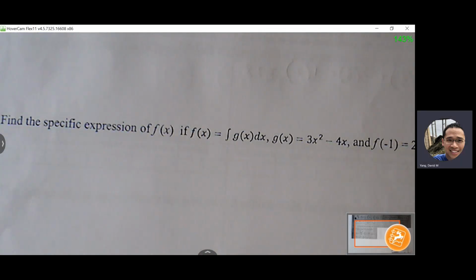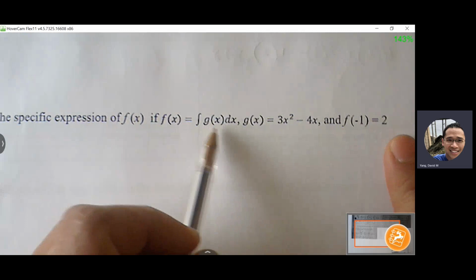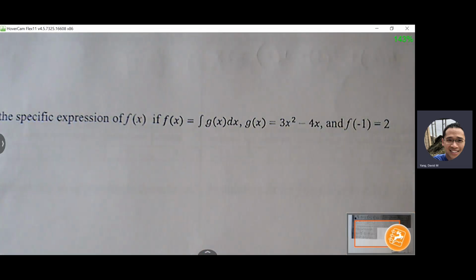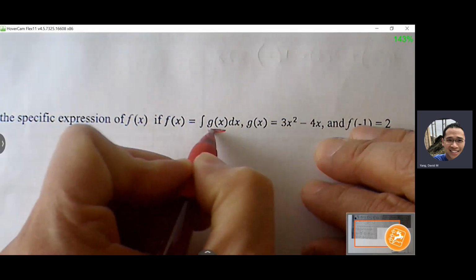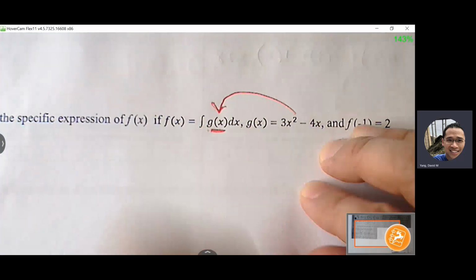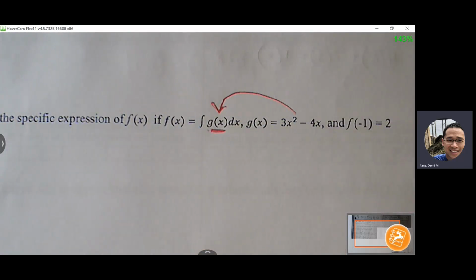So I'm just going to follow the notation here. f of x is the antiderivative of g of x. Well, I know what g of x is. g of x is just this expression. So I'm just going to rewrite my integral with my g of x replaced.